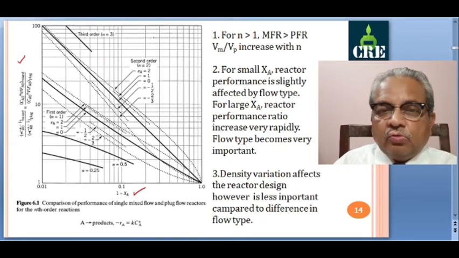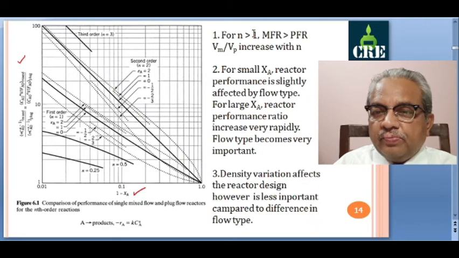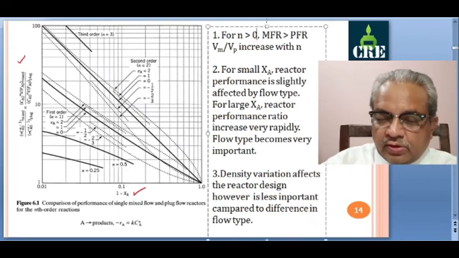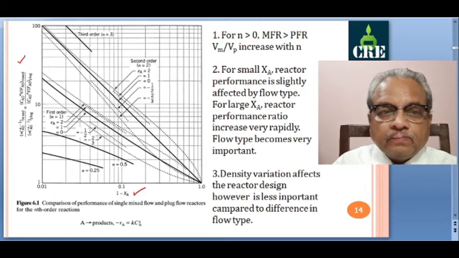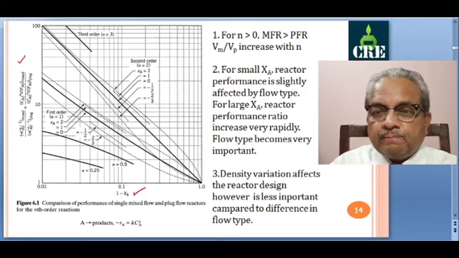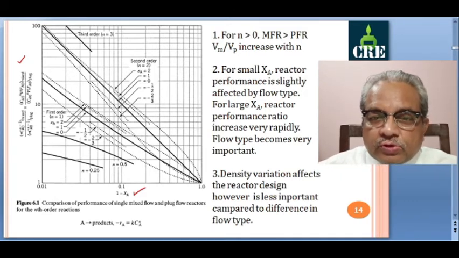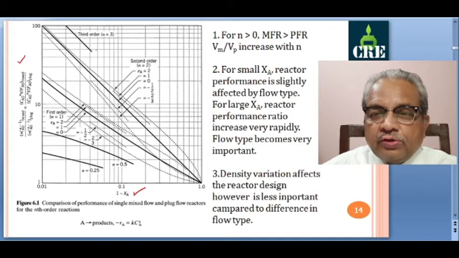All positive orders, this can be considered for n greater than 0 also. So this is 0, 1, 2, third order 3.